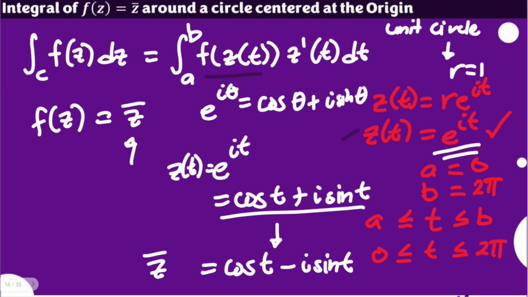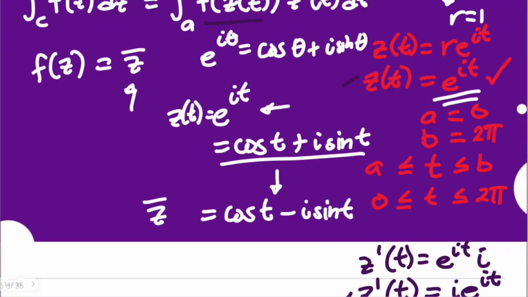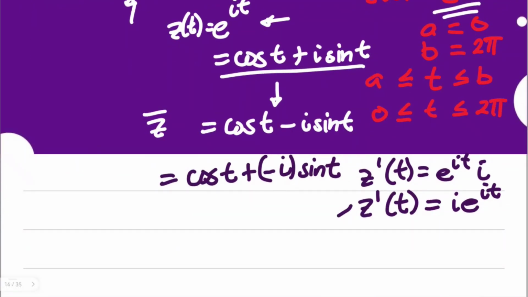So writing that in this form as well, this would be equivalent to cosine of t plus negative of I sine t, right? So that's minus I. That would mean your I, which stands for your numerator here, is negative. So e to the power of negative I t.